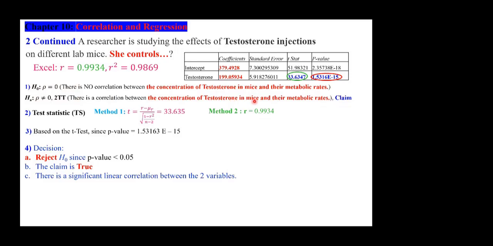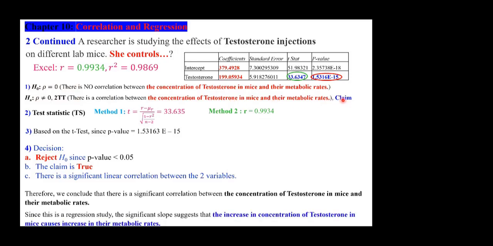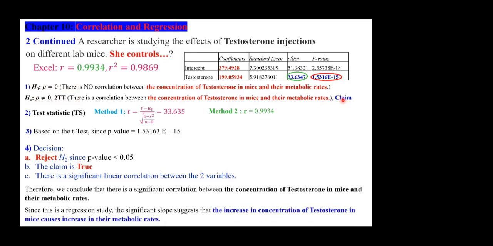Basically, you write this one now as the next part. Therefore, we conclude that there is a significant correlation between the concentration of testosterone in mice and their metabolic rates. Since this is a regression study, the significant slope suggests that the increase in concentration of testosterone in mice causes an increase in their metabolic rates.